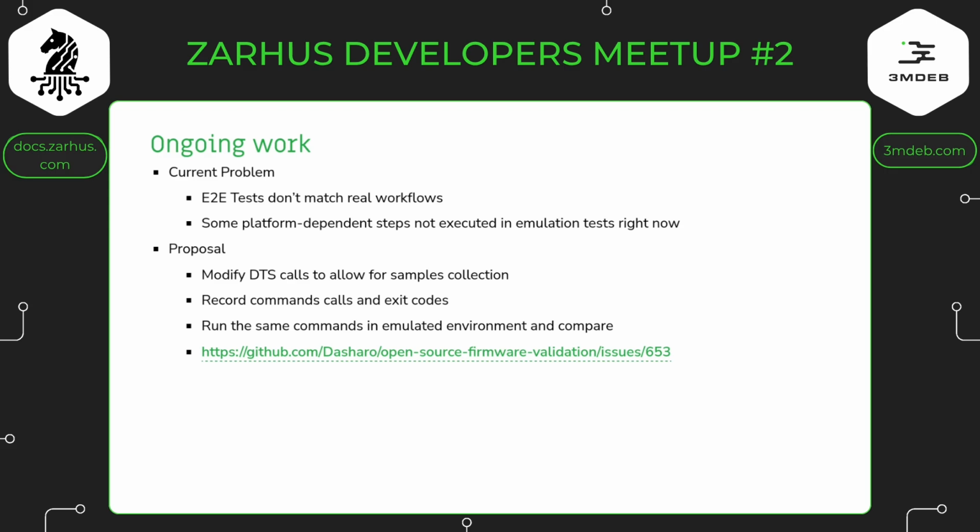So we have a proposal, which is in the linked issue, that we would modify DTS to allow us to get some traces, some samples, that would trace what commands have been executed and what the exit codes from these commands were. So that would be our reference, and we would run the same in an emulated environment and compare them.